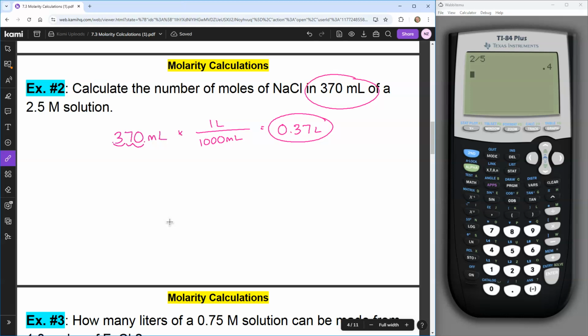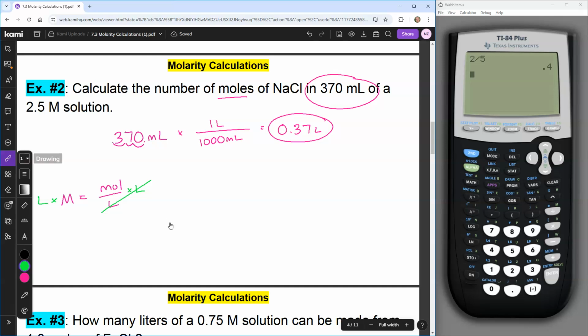Okay, so here we're trying to find the number of moles. And if I wanted to get moles by itself, I would multiply both sides of my equation by liters. So to calculate the number of moles, I'm just going to do liters times molarity.